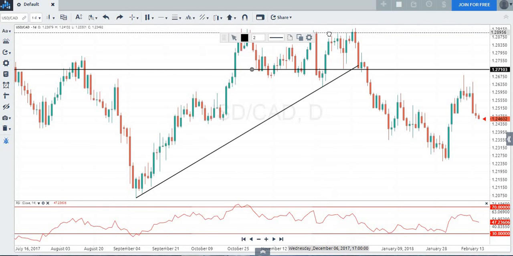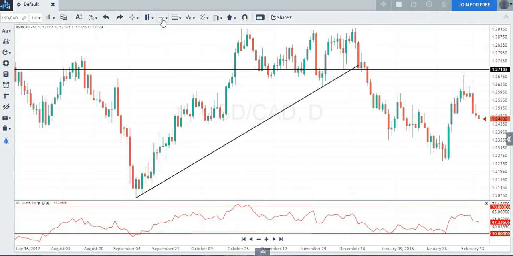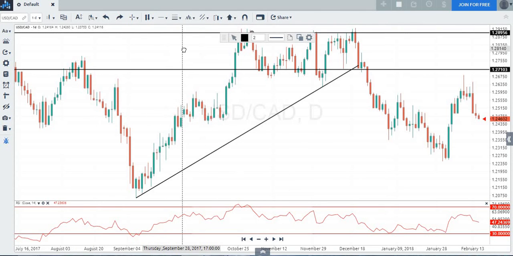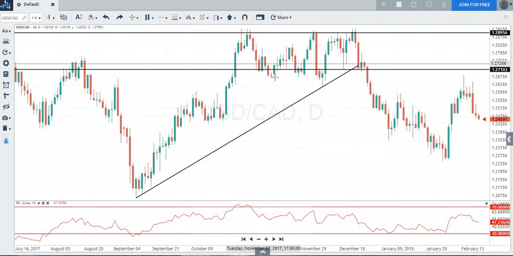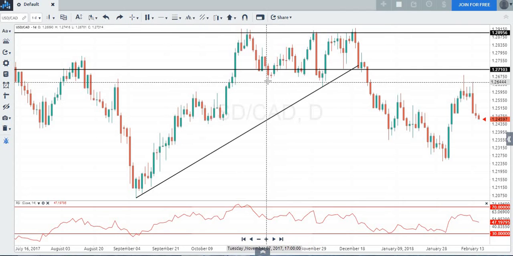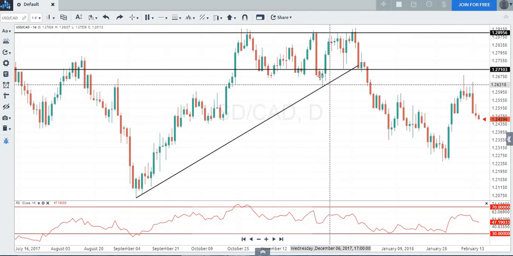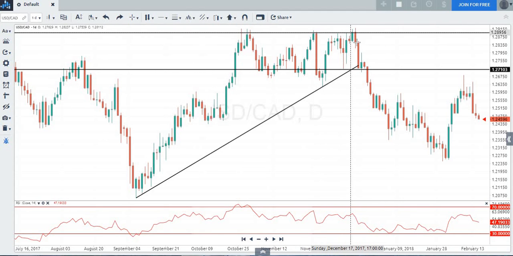And then we know that we got another resistance forming up here, right? Even though we know we got resistance here, support here, we can easily, without looking at this RSI indicator, just come in here and say, hey, I'm gonna buy here, and then I'm gonna sell up here, and I'm gonna buy back when the price goes here, and I'm gonna come back and sell up here, because man, this thing looks like it's gonna continue to go up.